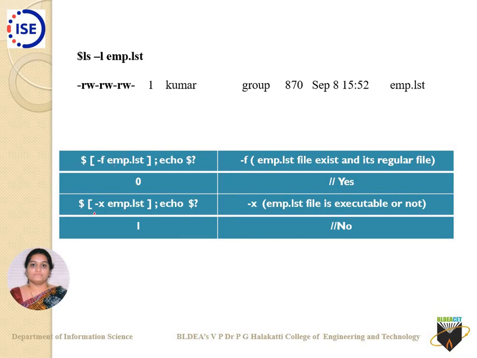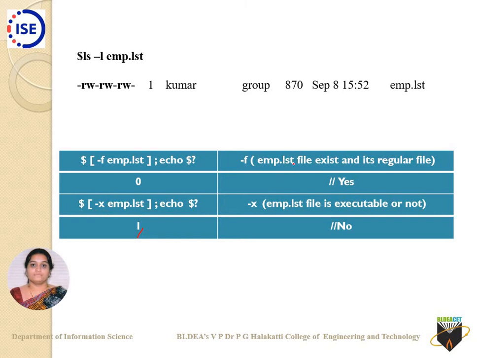Now -x, what do you mean by x? X says executing. Neither execution is on for owner, nor for group members, nor for others. So what is the return status? The return status is 1, which states that this permission is not allowed for this particular file.